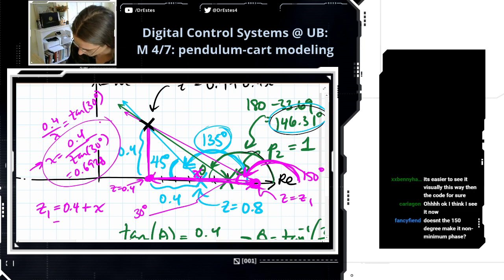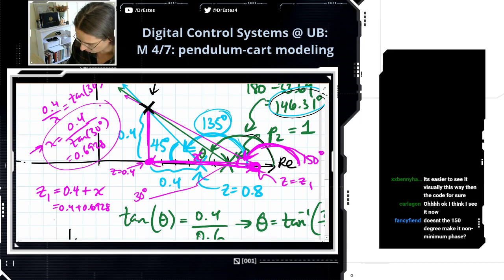So that's 0.4 plus 0.6928, which is kind of sad I can't do this in my head. Okay, so it's 1.0928. Doesn't the 150 degrees make it non-minimum phase? It could.